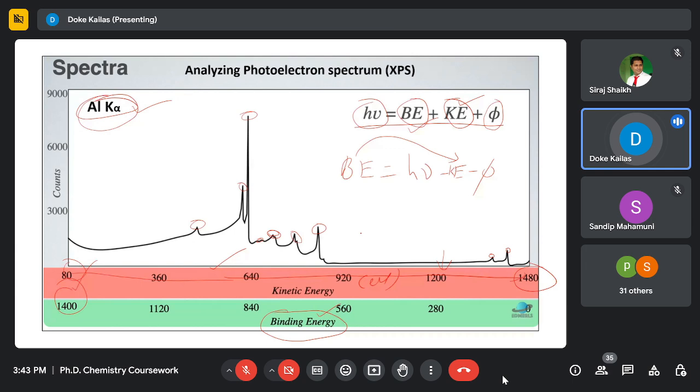This is the same spectra as before: the XPS spectra of pure, solid nickel metal. Nickel is a transition element, and you are familiar with its electronic configuration, how electrons are distributed in nickel. Everyone knows how to write the electronic configuration.